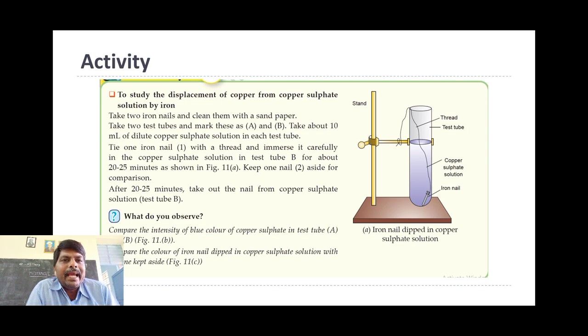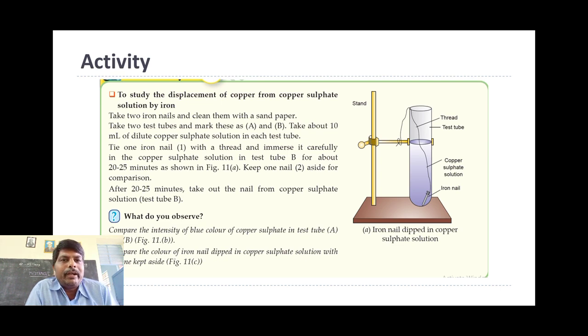Tie one iron nail with a thread and immerse it carefully in the copper sulfate solution in test tube B for about 20 to 25 minutes, as shown in the figure. Keep one iron nail aside for comparison.